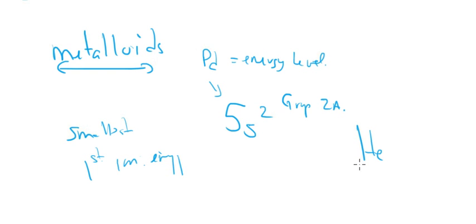And then you're going to have to tell whether each of the following elements is an inner transition metal, a noble gas, an alkali metal, an alkaline earth metal, or a halogen. And along with the first 36, make sure you know where to find chromium, neon, and silver as well. Chromium, neon, and silver. And then lastly, you're going to be given 2 elements, and for each of those pairs, you'll have to know which has the higher electronegativity value.